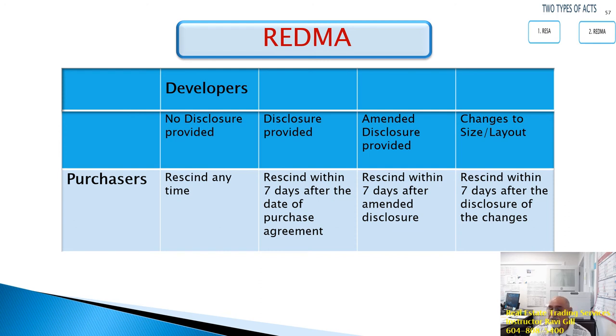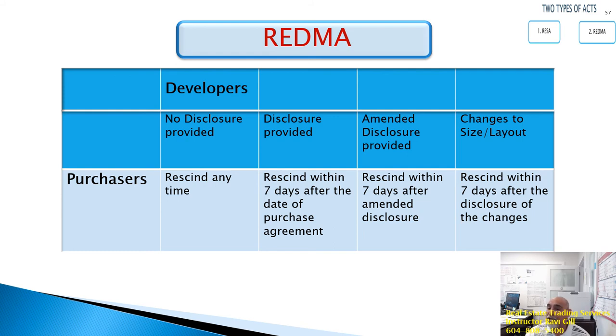If he completes on the property, buys it, and there was no disclosure given by the developer, and the purchaser is not happy, he can rescind. If disclosure was provided, the purchaser has 7 days to rescind after the date of the purchase agreement. If there is an amended disclosure provided, then it's 7 days after the amended.